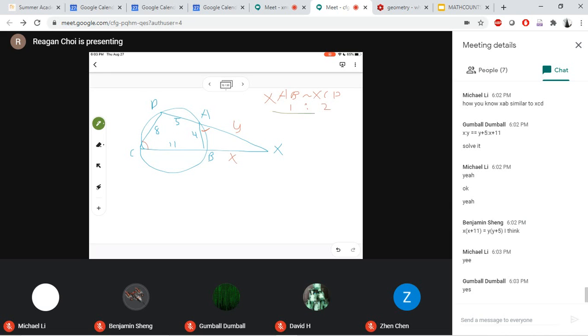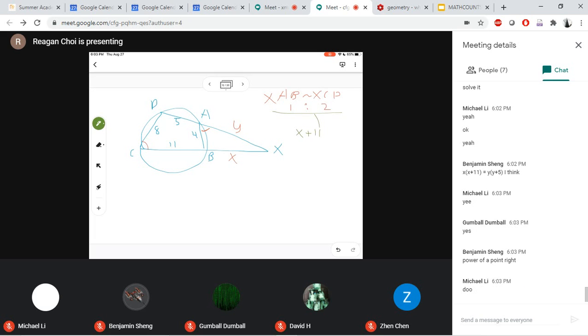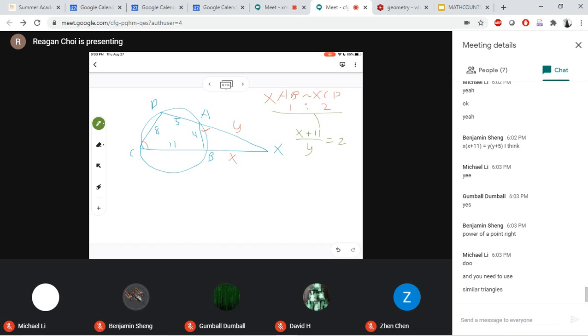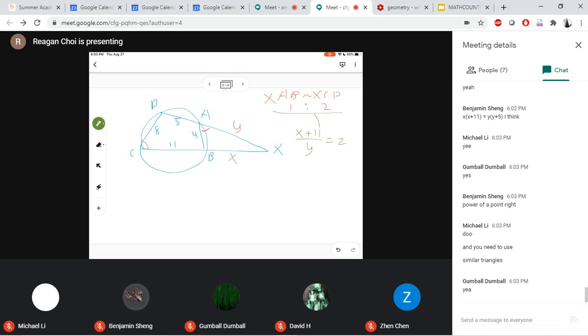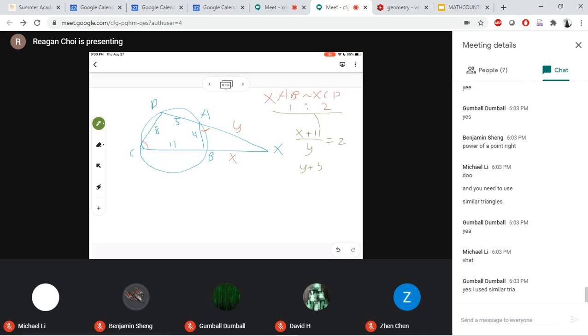Okay, so from the similarity, we get that (x plus 11) over y equals 2. Actually, do we have... Yeah, I was thinking you need power of a point, but actually you don't. From the other thing, you get (y plus 5) over x equals 2.